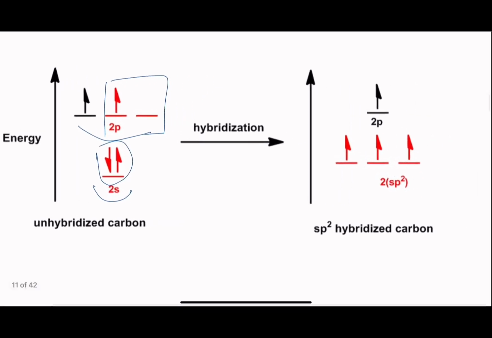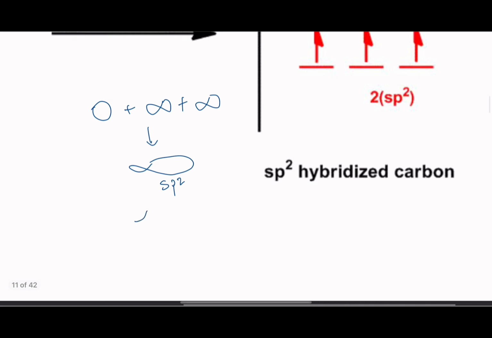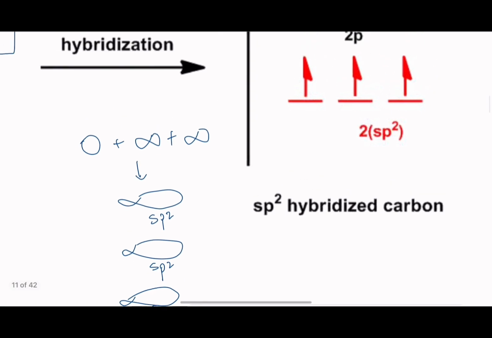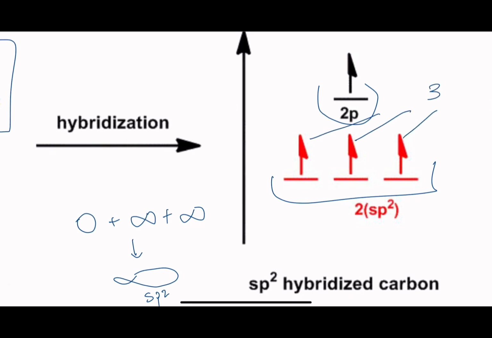I just took these 3 orbitals because I combined s, 1p and 2p, and then I made a new orbital named sp2, and I have 3 of them. This time I didn't touch the remaining 2p. So how many sigma bonds can I make? As you see, I can make 3 sigma bonds, and this one is going to be left for making a pi bond, and I will show you how.